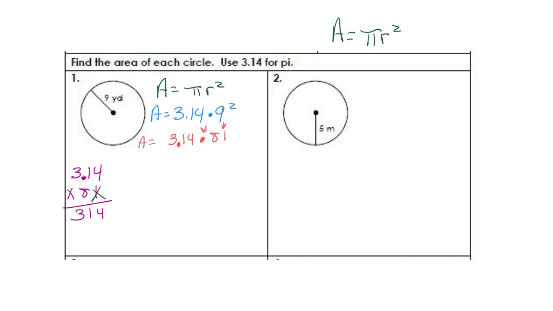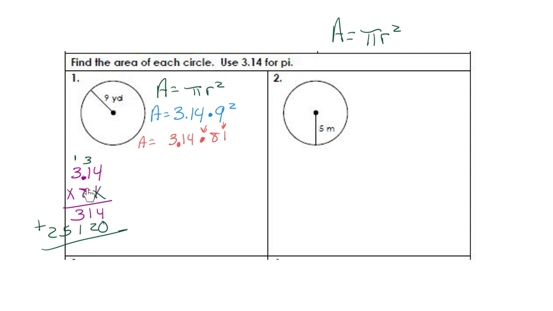Cross out that number, put a place value holder. 8 times 4 is 32, so put the 2 down, carry the 3. 8 times 1 is 8, plus 3 is 11. Put the 1 down, carry the 1. 8 times 3 is 24, plus 1 is 25. Put the 5 down and the 2. That is all you have to do right there, and now we just add those up.